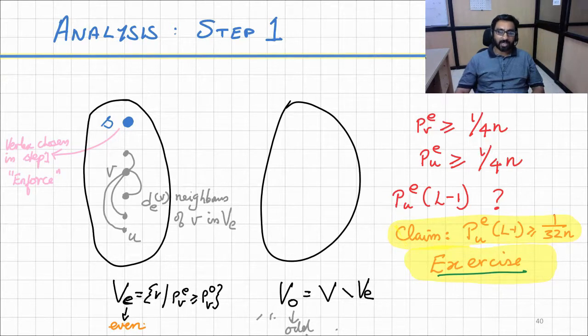Now notice that with this bound, we have reached U with some probability 1 over 32n, and we've reached U with a walk length that is of even length, which means that with 1 over 2d probability we will step into V, and by doing so we would have reached V with a walk length that is odd.